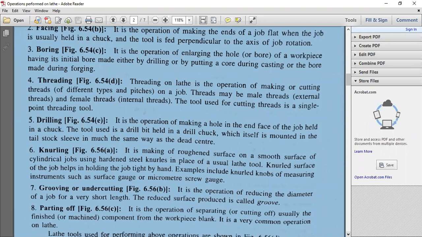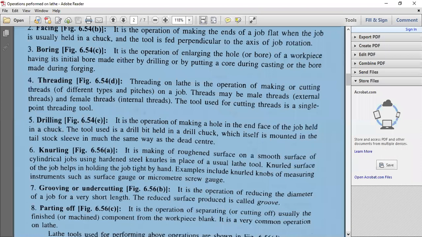And we can use a disc type turret in a turret lathe or any other turning center or machining center, with 14 tools for 14 different operations.